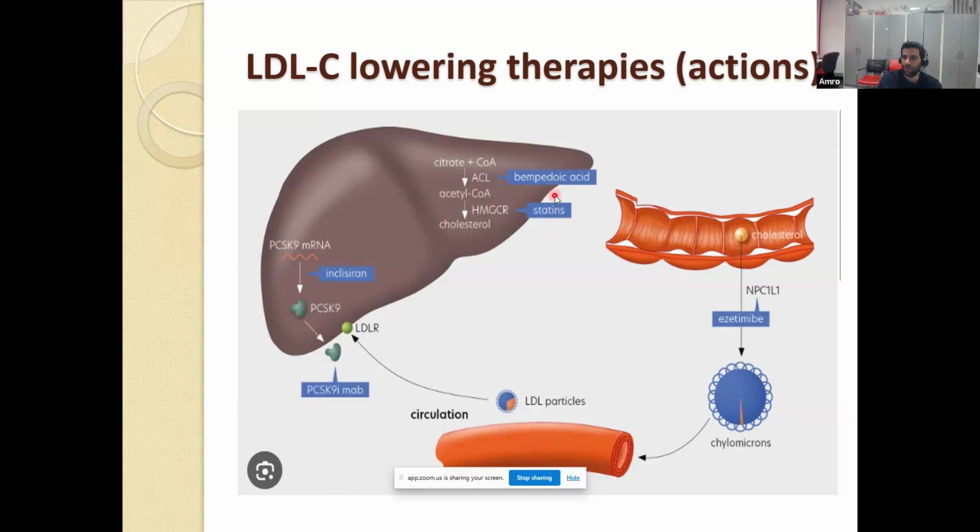I think it's mediated through renin angiotensin, cardiac remodeling, renal perfusion. So it has a completely different, anti-inflammatory mechanism. It's not mediated through LDL reduction. It's mediated through a different mechanism.